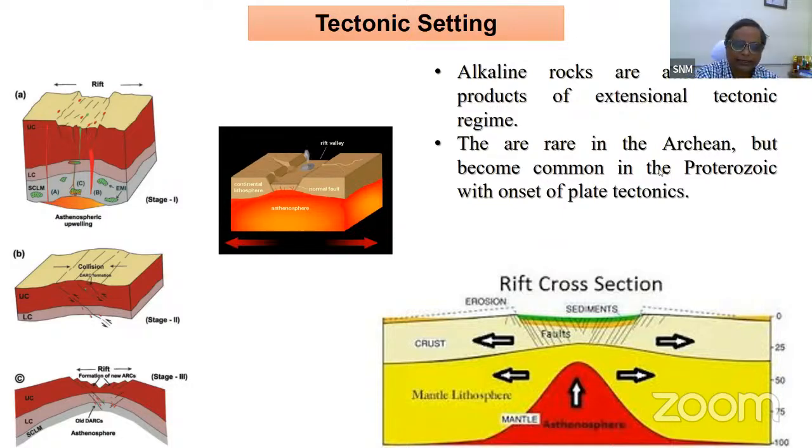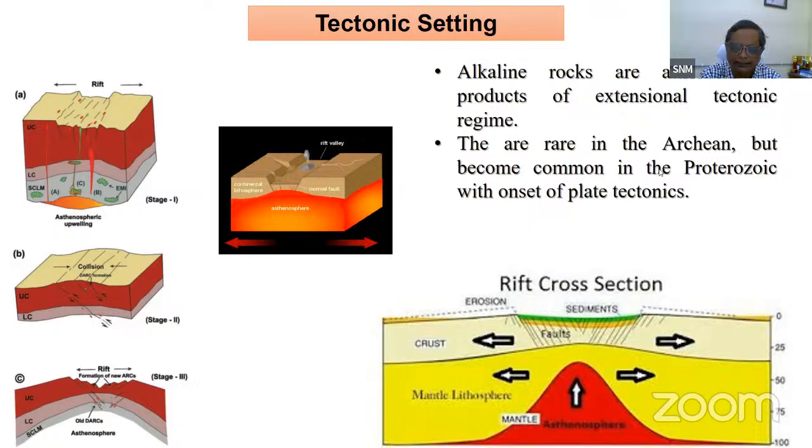It is very well established from all considerations: petrological, field relation, geochemical, and isotopic. It has been postulated that the alkaline rocks and carbonatites form in extensional tectonic settings, that is in rift settings, where there is always a low degree of partial melting that takes place in the mantle.